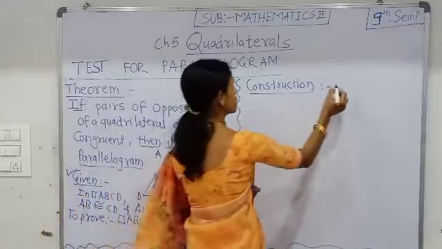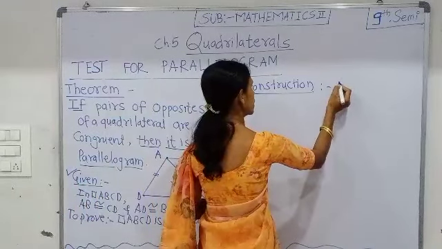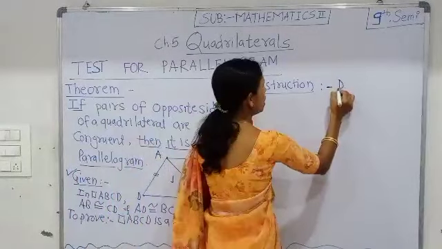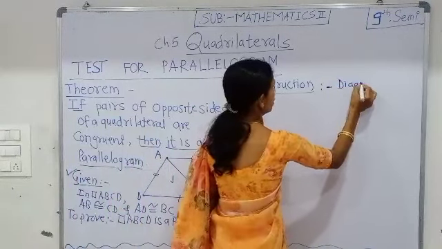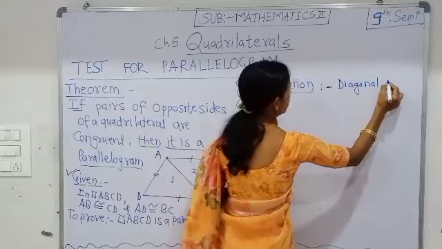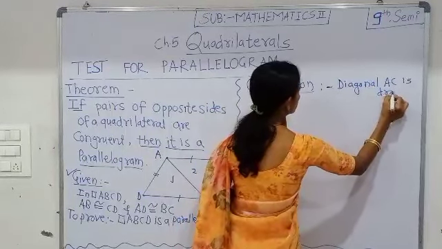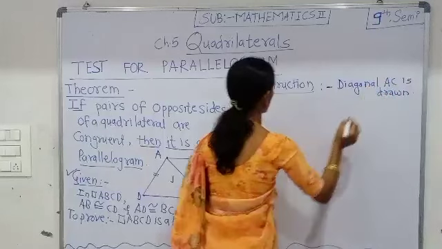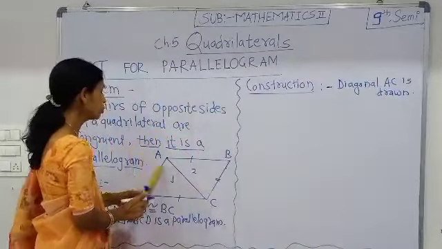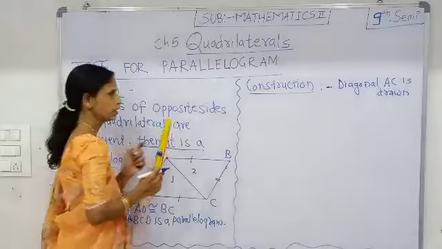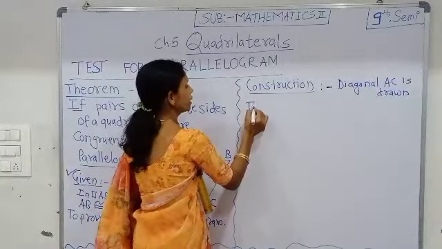The construction done here is that diagonal AC is drawn. Therefore, two triangles are formed here. Then we have to prove that.